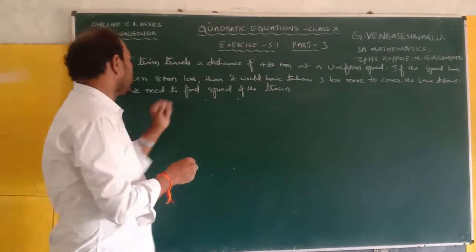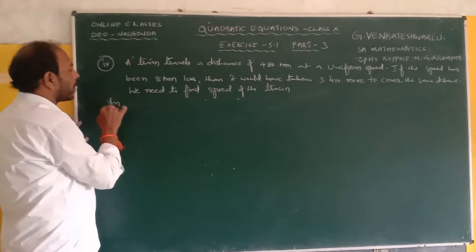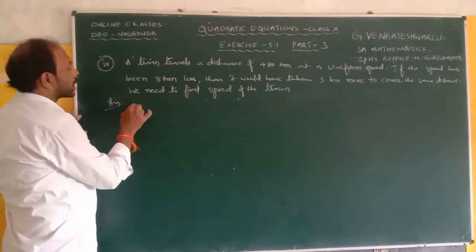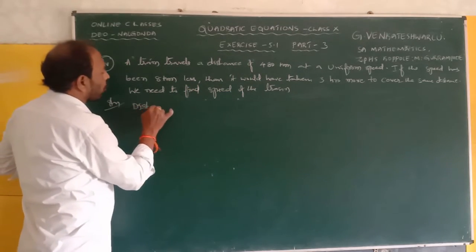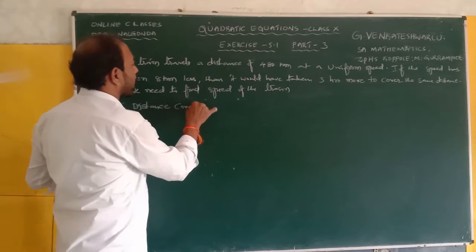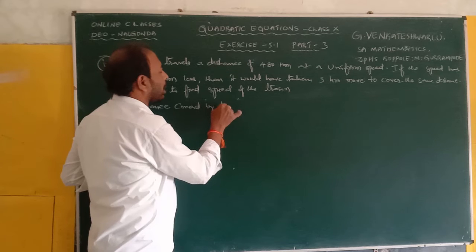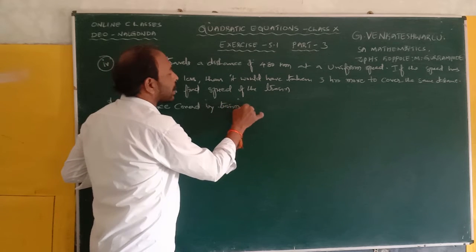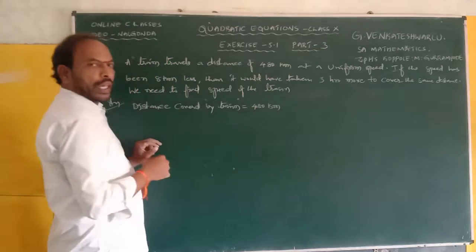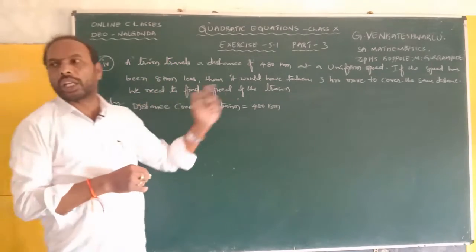So here first look at here, according to the first case, the distance covered by the train in the first case is 480 kilometers, already given. The distance traveled by the train is 480 kilometers.